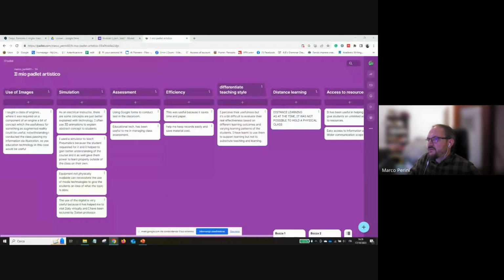But useful for what? Useful when? They are useful because they allow us an easy use of images. We can easily show simulations to students.